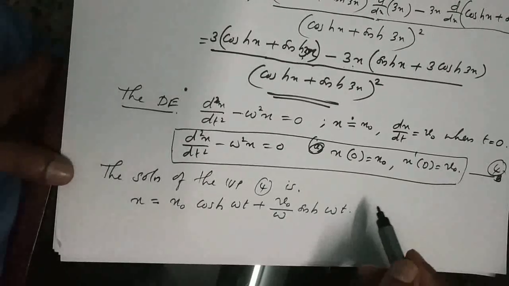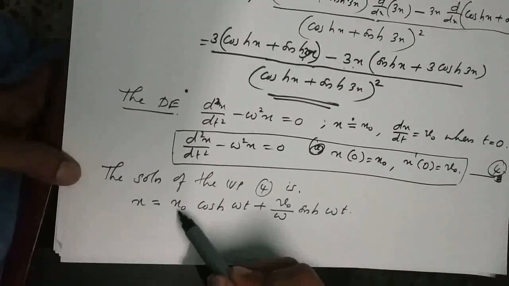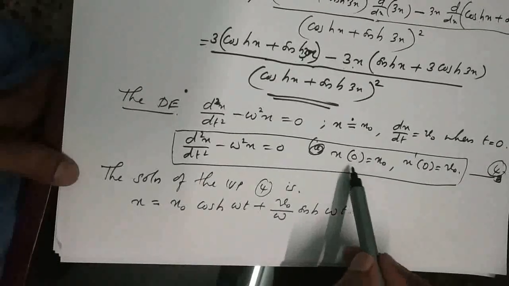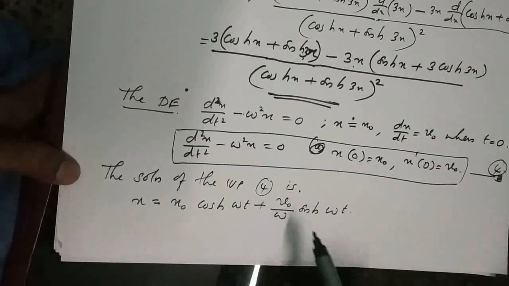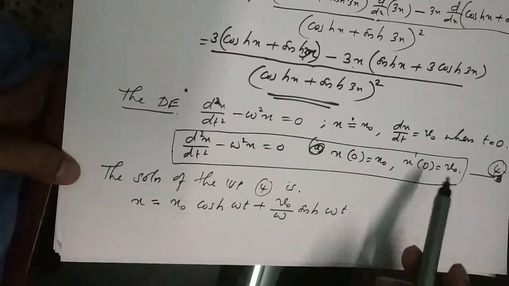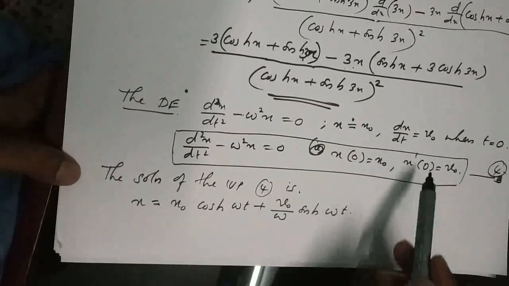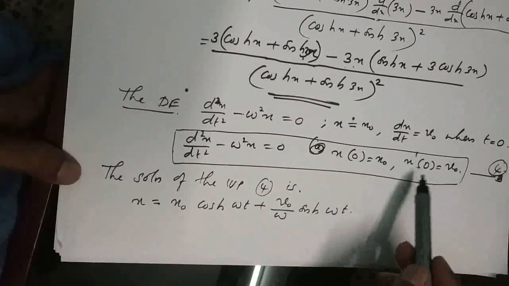Here x naught is the initial value of x, and v naught is the initial value of x dash, so the first derivative, or the initial velocity.